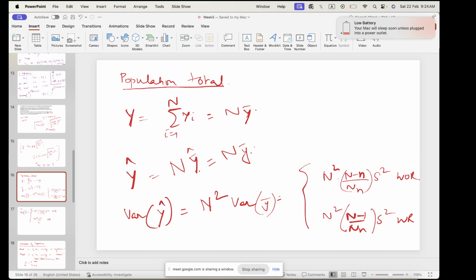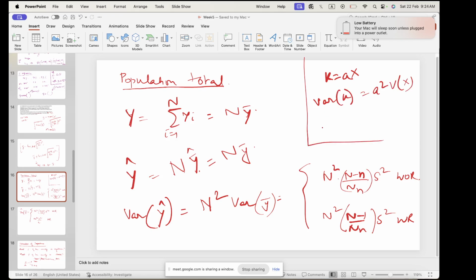So y total is this thing, and then variance of y total is actually N square into variance of y bar. So let's say if I have k equal to a x, then variance of k is actually a square into variance of x.